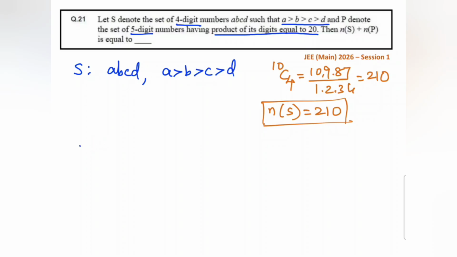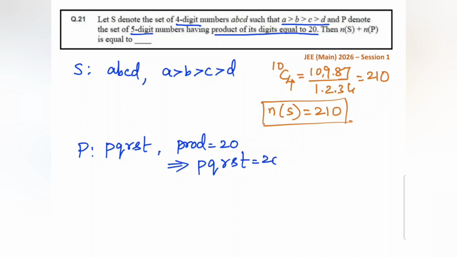Fine. Let us move on to P. So what is P here? A 5-digit number. Let me take P, Q, R, S, T as the 5-digit number, where the product is equal to 20, which means P, Q, R, S, T is equal to 20. We have to write 20 as a product of 5 numbers, which can be done as 1 into 1 into 2 into 2 into 5.